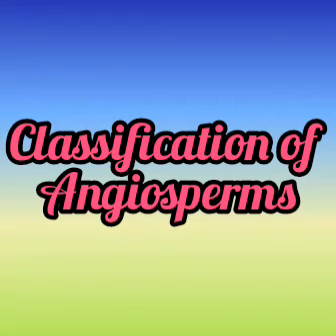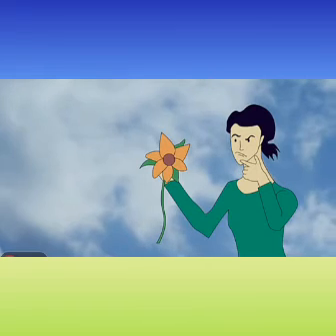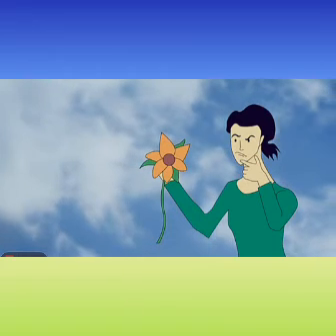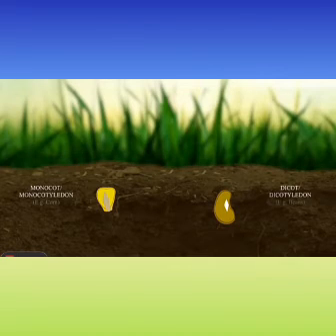So, coming to the classification of angiosperms. There are two classes, monocots and dicots. These are also known as monocotyledons and dicotyledons.